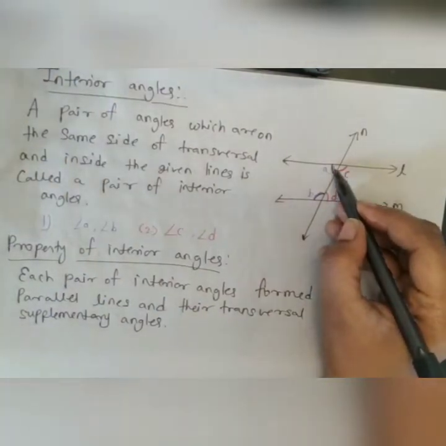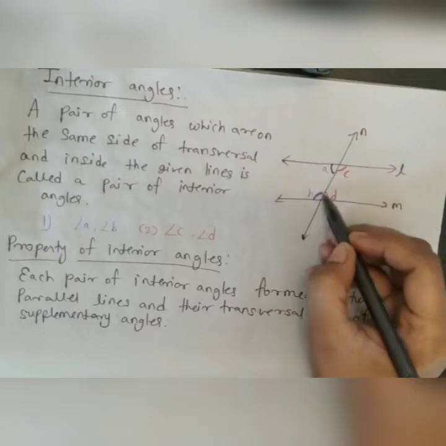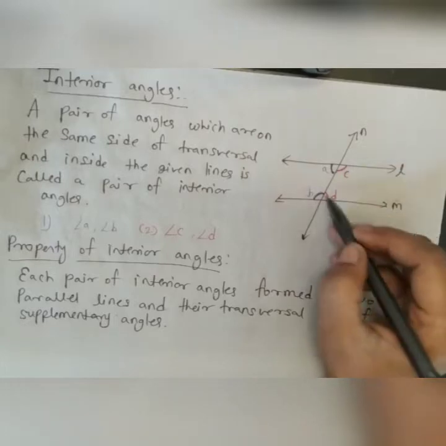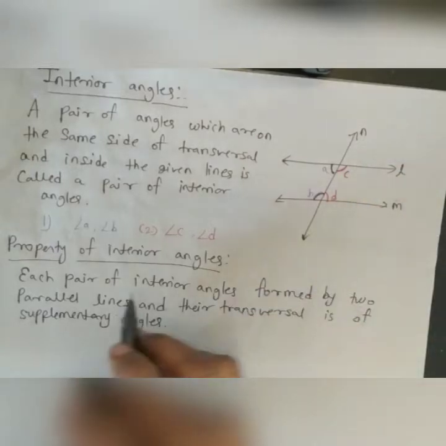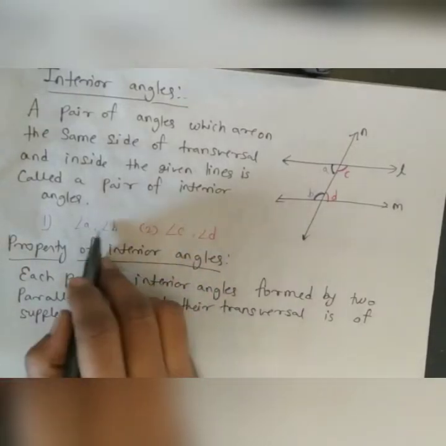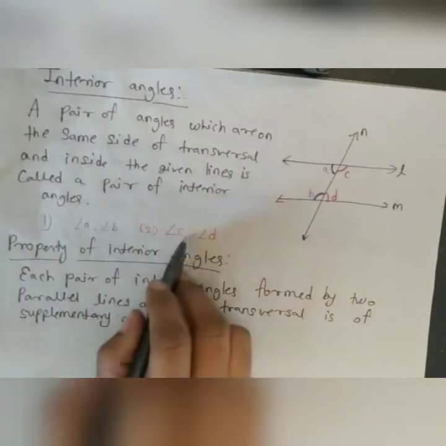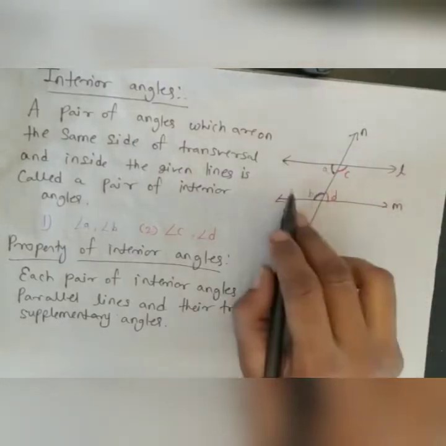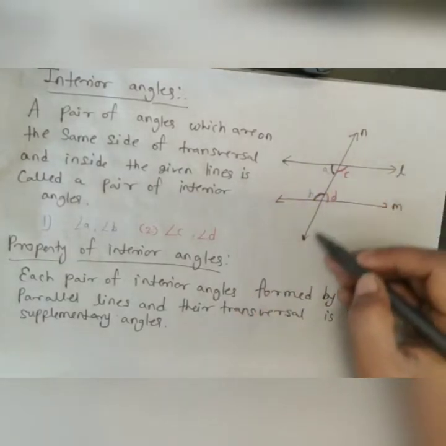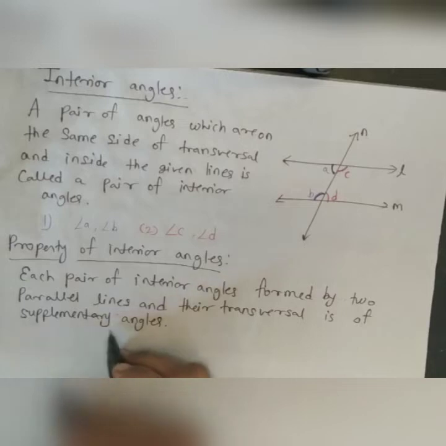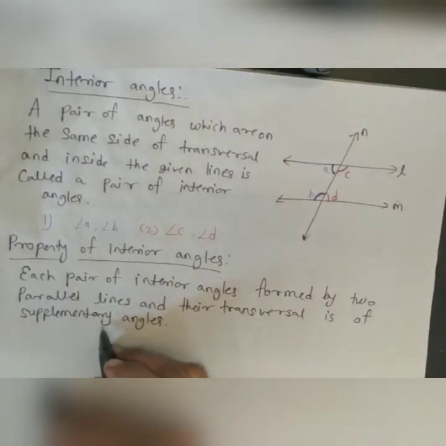Here, the pairs of interior angles are A with B and C with D. Each pair of interior angles formed by two parallel lines and their transversal is supplementary. Supplementary means making an angle of 180 degrees.